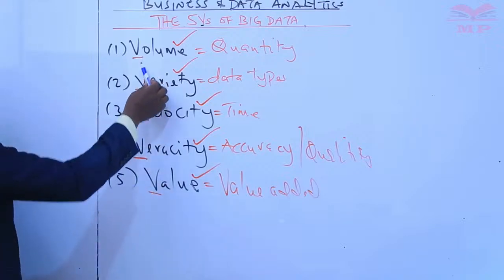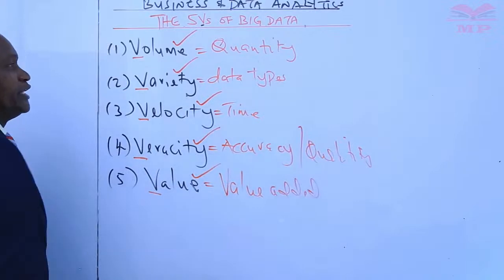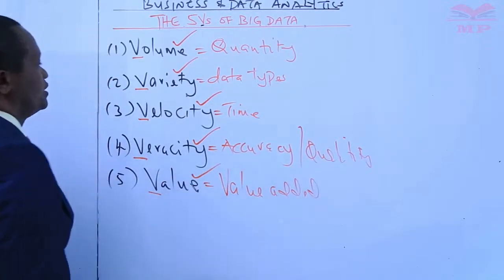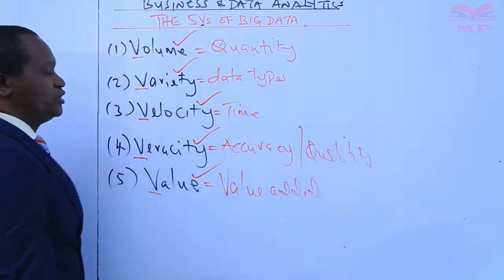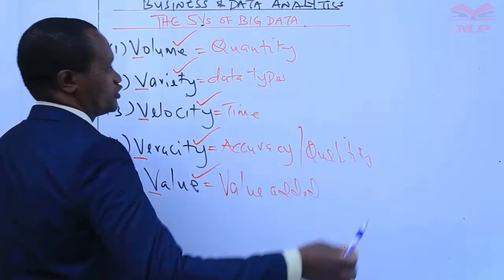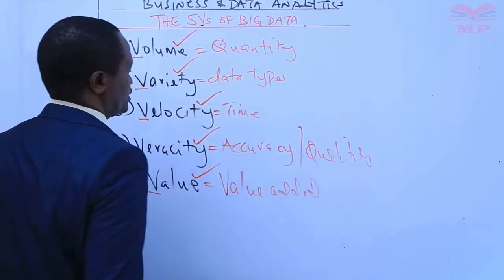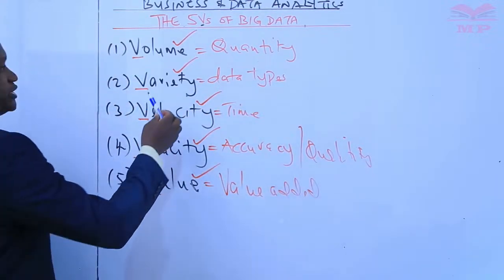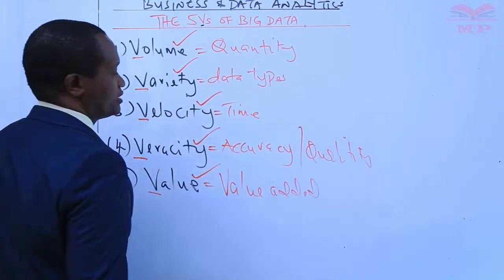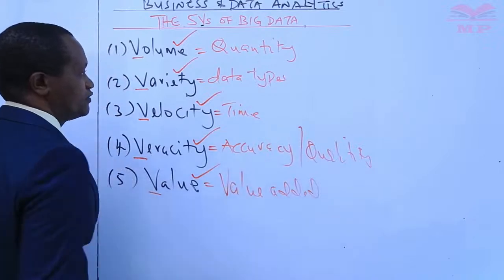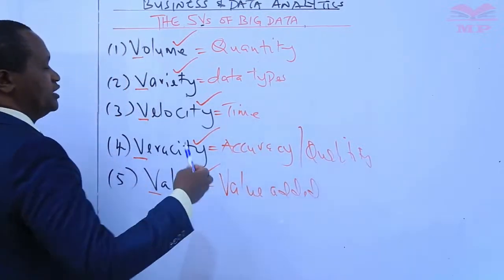We've said volume refers to the quantity, the amount of data. Variety refers to the data types, which could be unstructured, semi-structured, or structured. Data comes in different formats: audio format, text format, video format, log files, and so on.